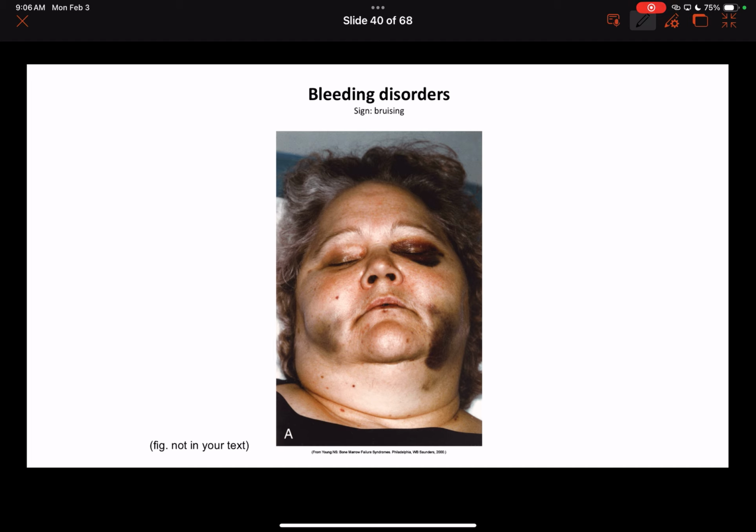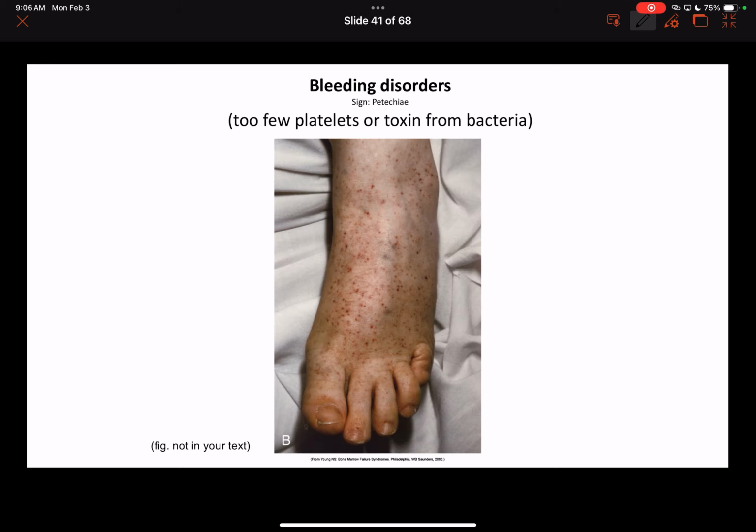So signs of bleeding disorders, like the thrombocytopenia that you learned about in lab, would be bruising or petechiae that you learned about in lab as well. Petechiae are the spots that you see on the skin, and this is due to everyday capillary damage that isn't healed fast enough. We experience capillary damage on a daily basis.